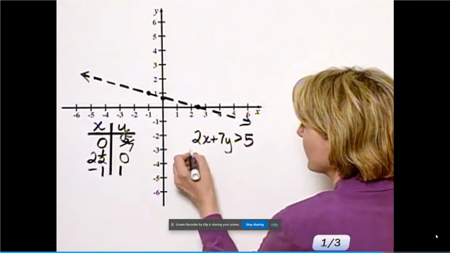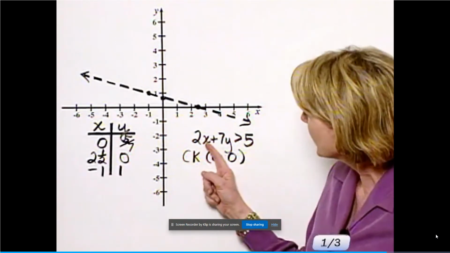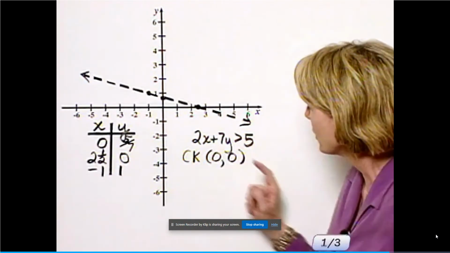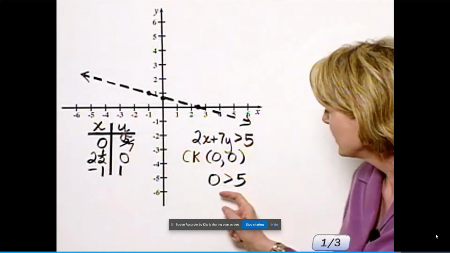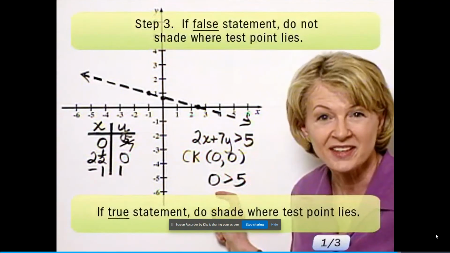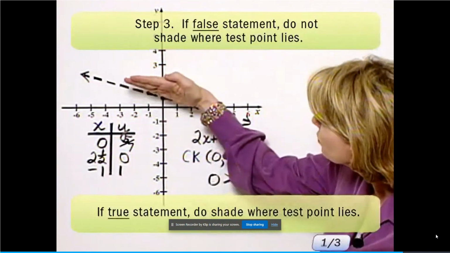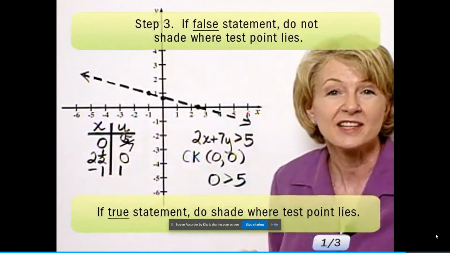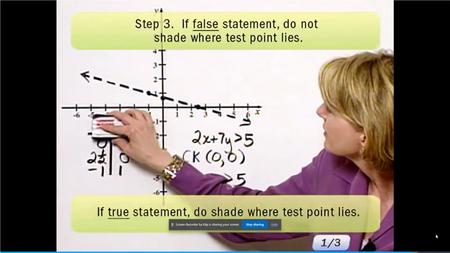We're going to check 0, 0. If x is 0 and y is 0, do you see we'd have 0 greater than 5? Now, is that a true or false statement? This is a false statement, which means we do not shade where 0, 0 lies. We shade above where it lies.